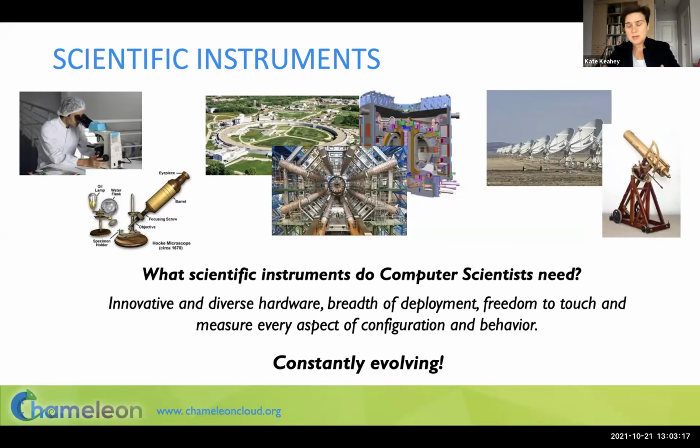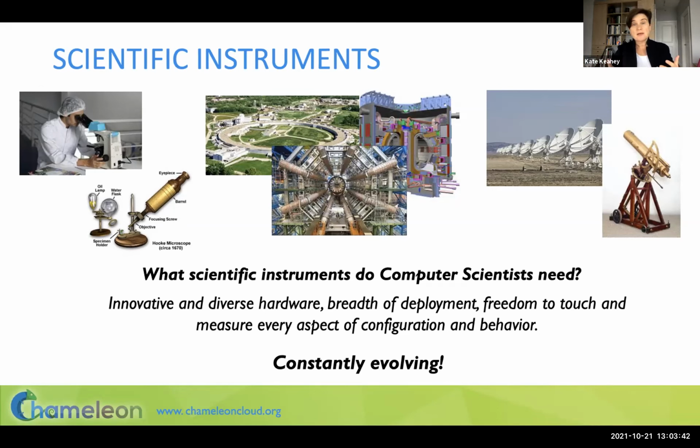They need an instrument that provides a wide variety of hardware and cutting edge hardware. It's very important that it's diverse and cutting edge, because we want to explore phenomena that nobody has explored yet. We want to look at software and how it evolves on the newest architectures, not the architectures we had 10 years ago.